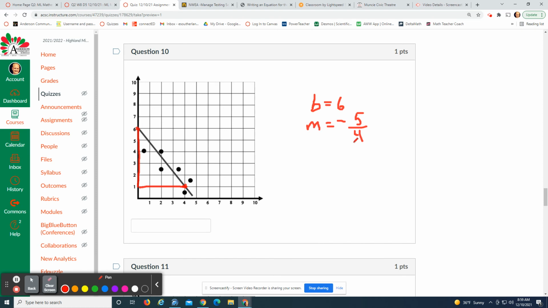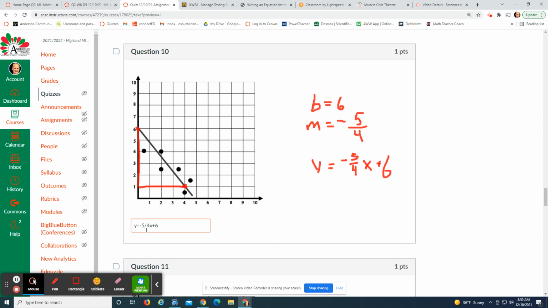So what's the equation I would write? Y equals negative 5 over 4x plus 6. So I would type that in. Y equals negative 5 over 4x plus 6.